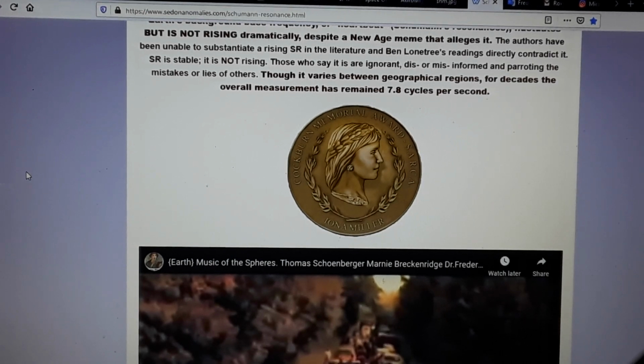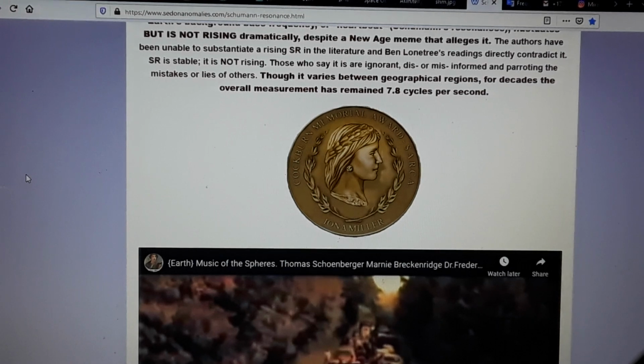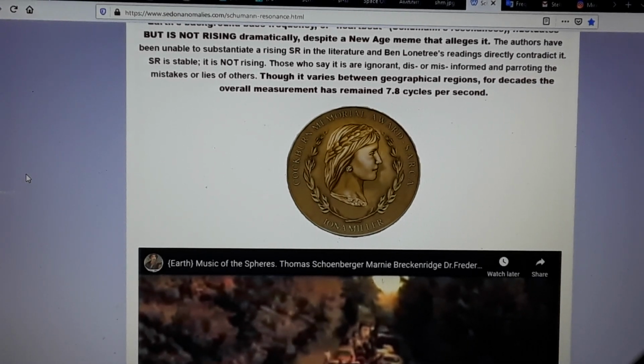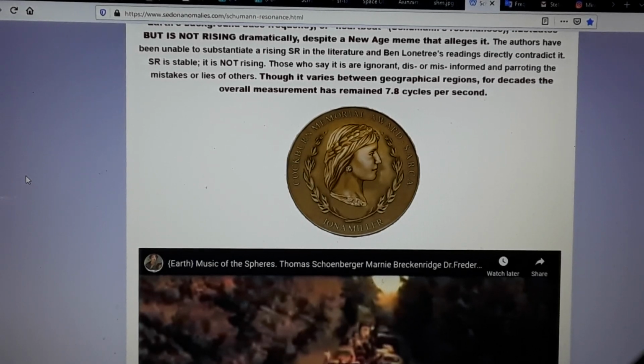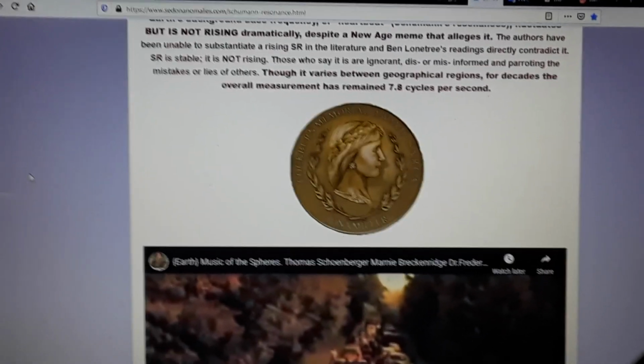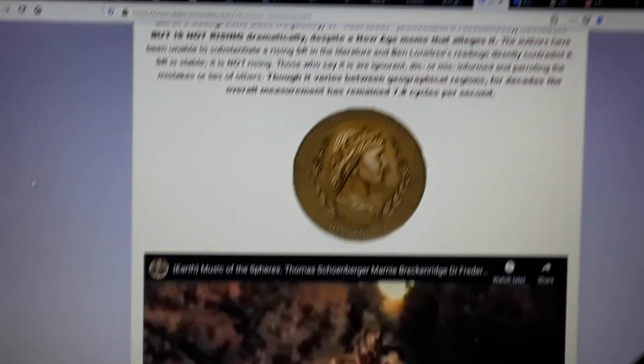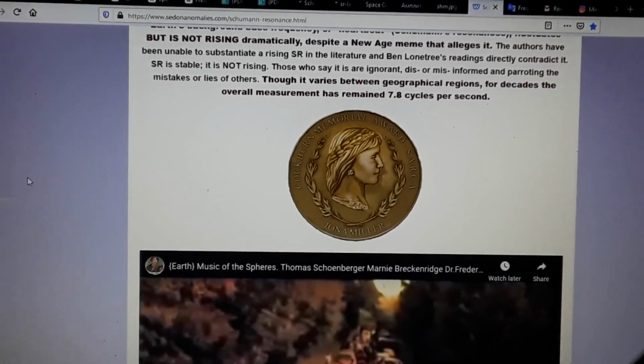SR is stable, it is not rising. Those who say it is are ignorant, dis- or misinformed, and parroting the mistakes or lies of others. Though it varies between geographical regions, for decades the overall measurement has remained 7.8 cycles per second.